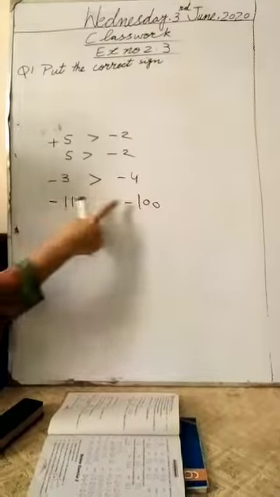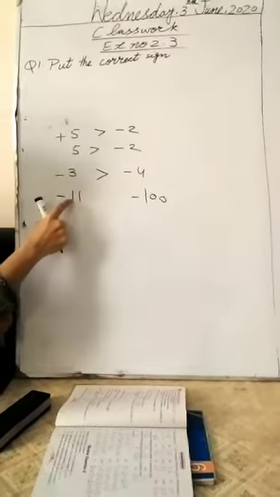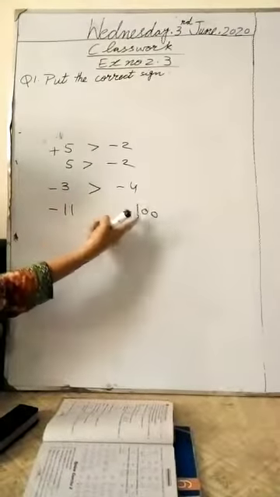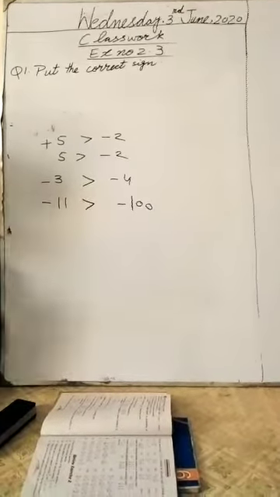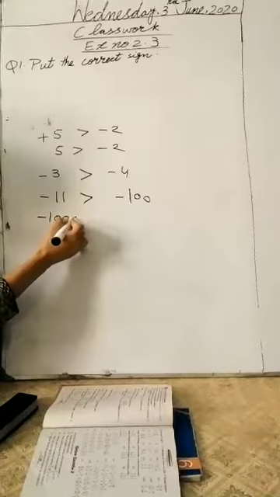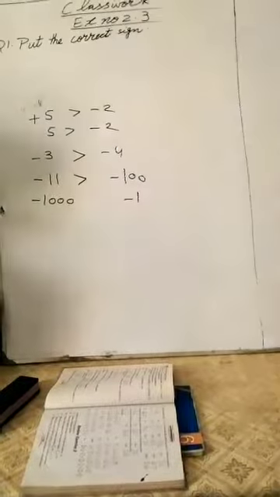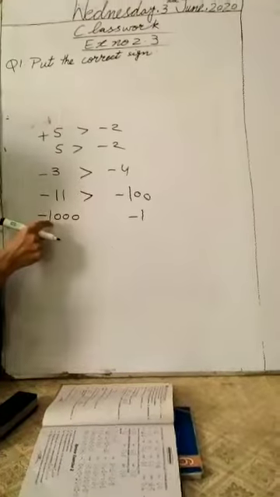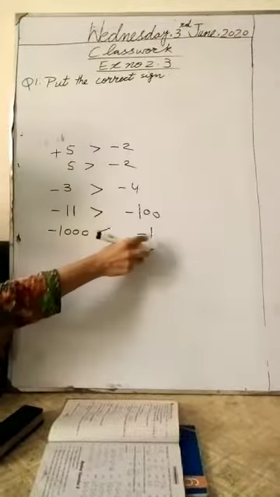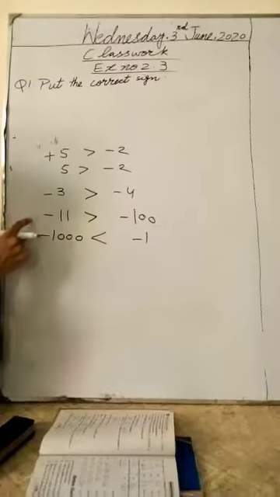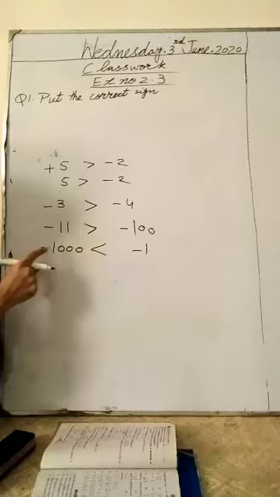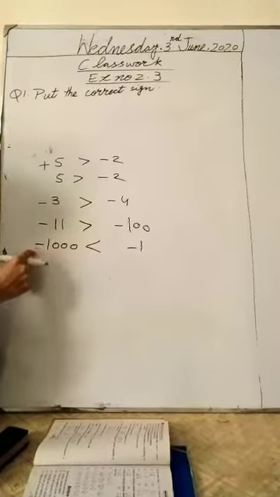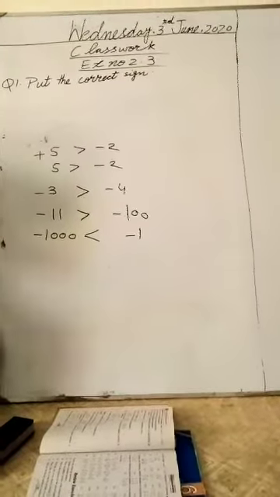But when we have two minus signs, the smaller value is greater than the bigger value. So we need to put the greater sign. If we have minus 1000 and minus 1, minus 1000 is smaller than minus 1. So this is the very important concept when we have two minus signs. The bigger value with the minus sign is smaller than the small value.